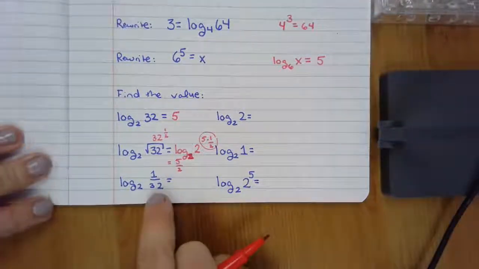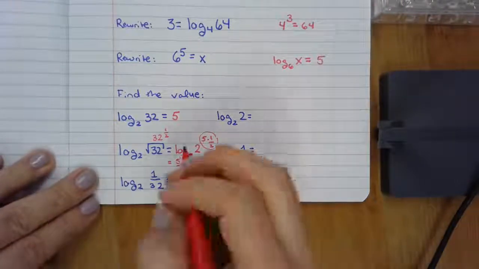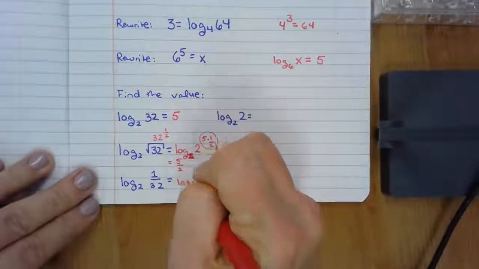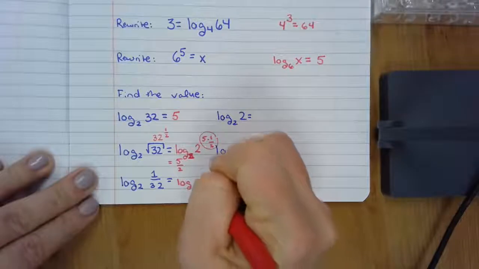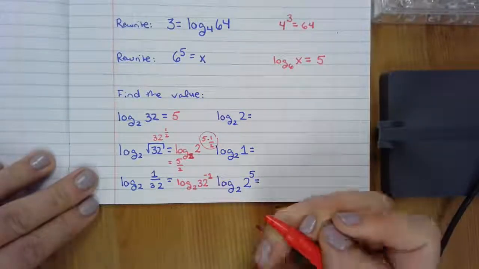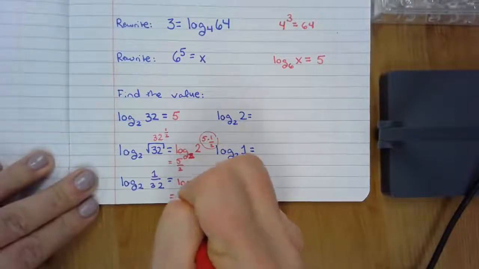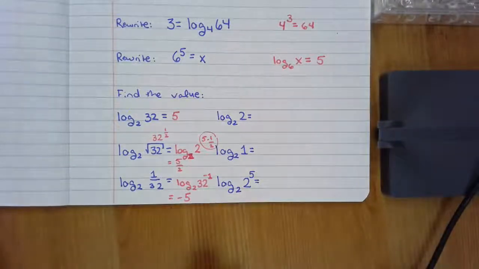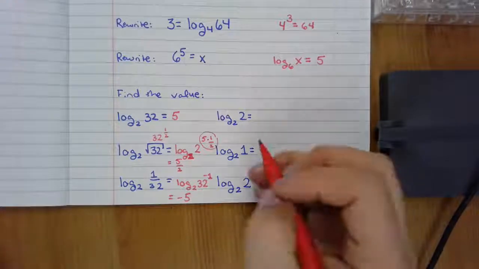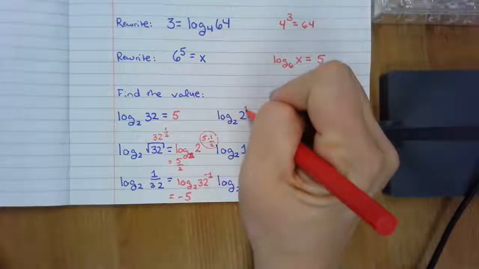Okay, and you see how the 32's in the bottom? So we have to remember the little rule that if you flip it to the bottom, it's a negative exponent. So 2 to the 5th power is 32, so to get to the bottom is a negative as we go through here. Okay, log base 2 of 2 has an exponent of 1.